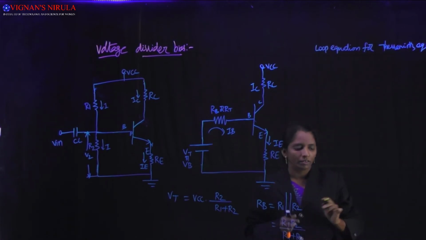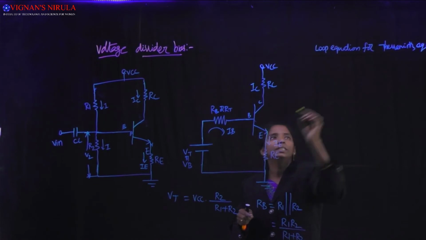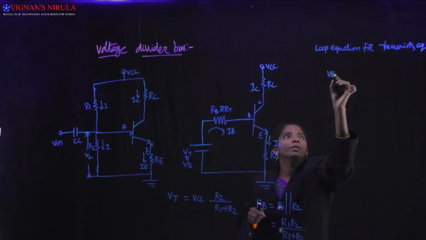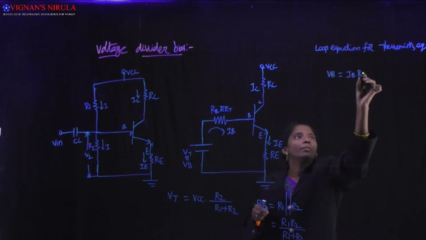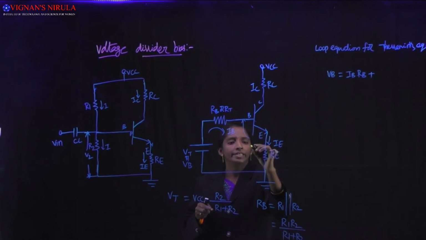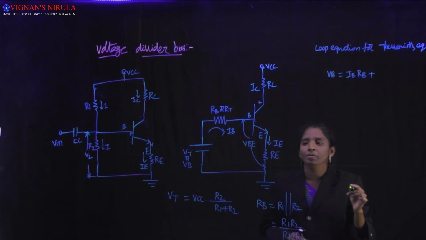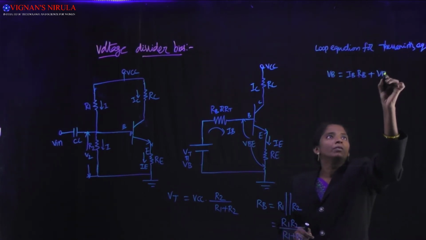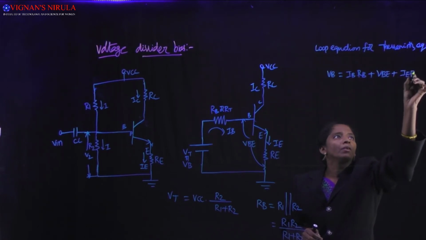We get VB equal to IB into RB plus the voltage between base and emitter, VBE, plus IE into RE.